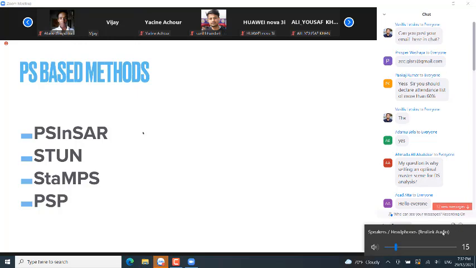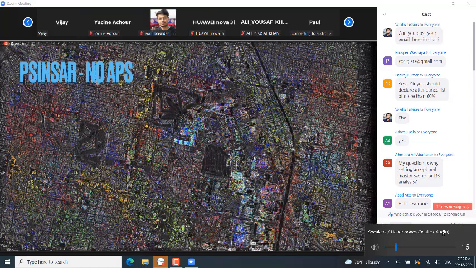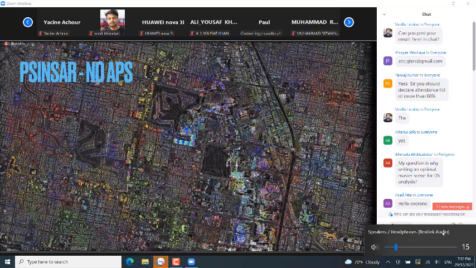All right, so this is just for fun, the processing of PS-InSAR without removing the APS. So if I do not remove the atmosphere, and just directly estimate the velocity and height differences to the reference point, without removing the atmosphere, I'm going to get a result like that, which is wrong, okay, and very noisy.